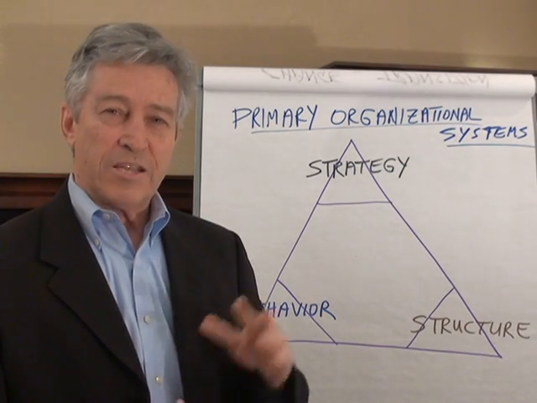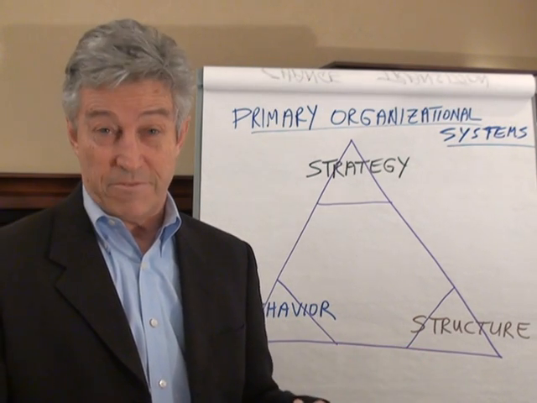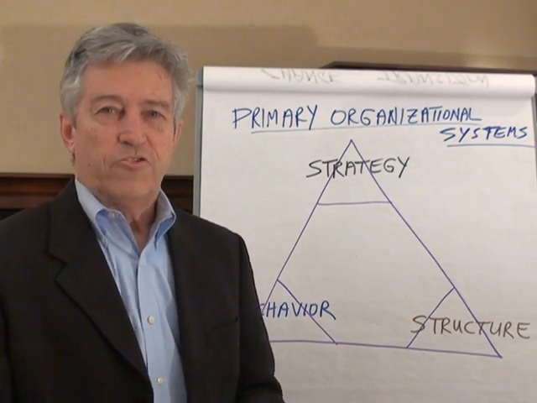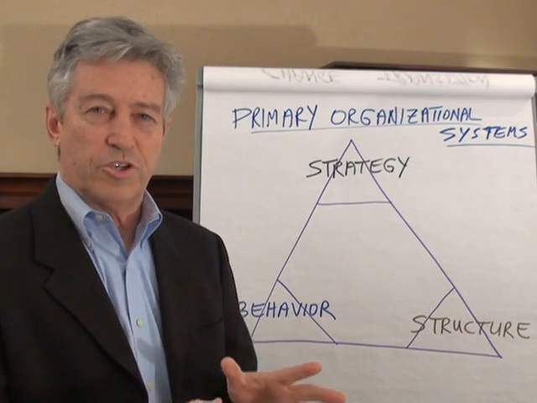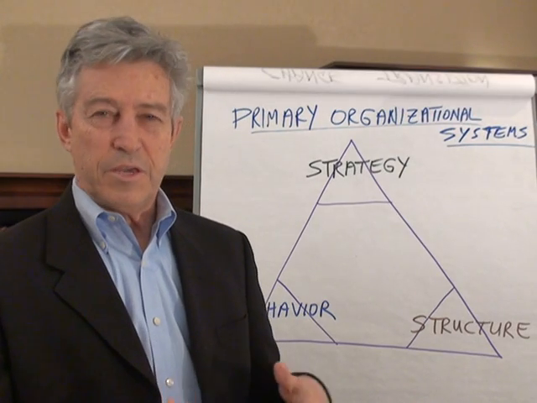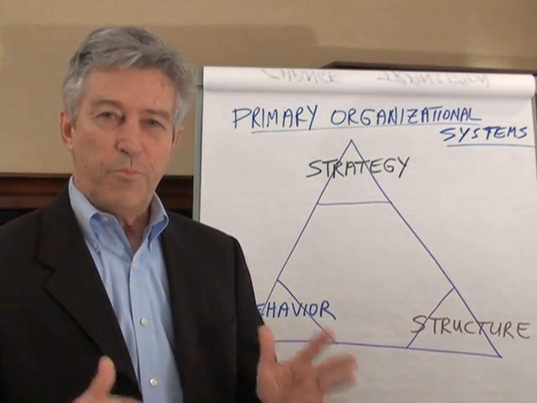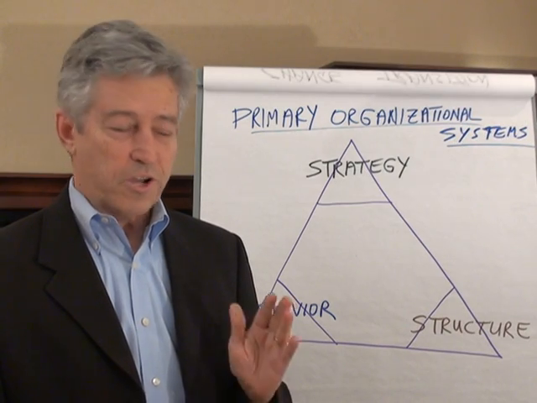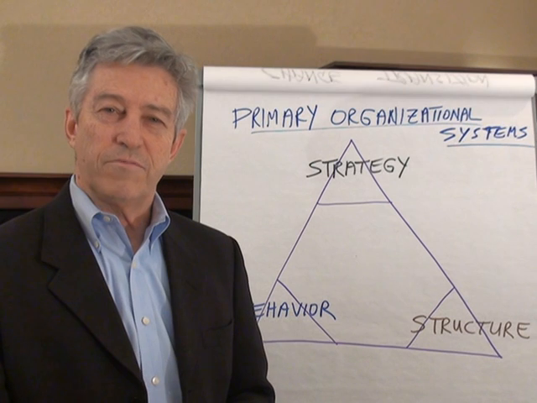Well, the strategy is to get home as quickly as possible while being safe. Okay, how do you accomplish that strategy? The assumption is that I-70, being the biggest, widest, fastest highway, will be the best way to go. And so sure enough, we will take off on I-70 heading down the mountain to Denver.